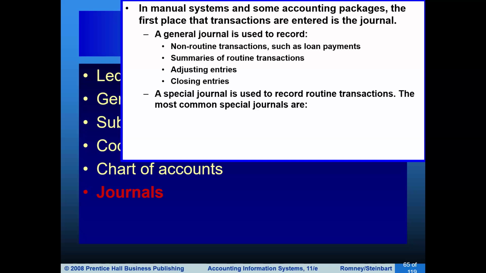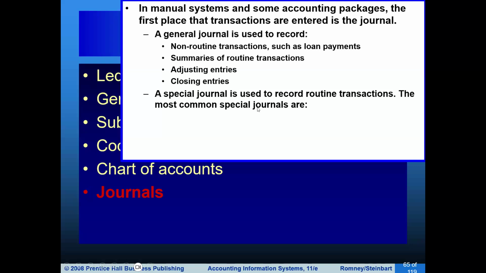That is called a journal. A general journal is used to record non-routine transactions such as loan payments. There are specific journals and a general journal, covering summaries of routine transactions, adjusting entries, and closing entries.